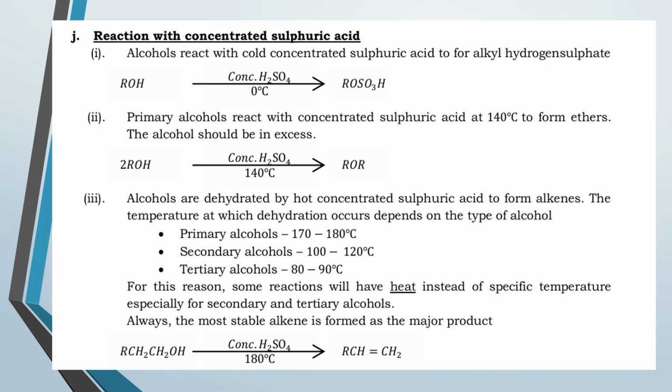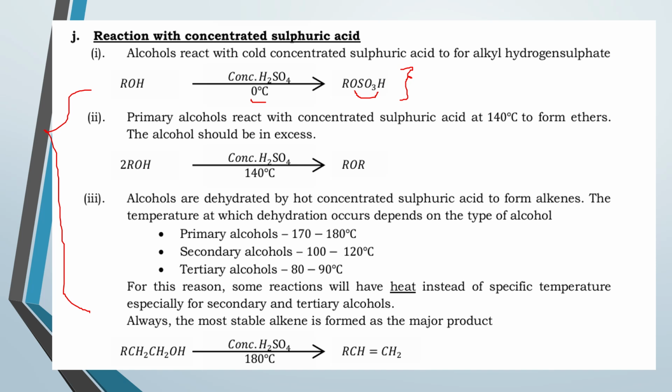Now, another reaction of alcohols that is very common, and it's a full paper 2 question, is the reaction of alcohols with concentrated sulfuric acid under different temperature mediums. So at 0 degrees Celsius, we are always going to get hydrogen sulfates, and we looked at the mechanism of this under alcohols in the notes videos of organic chemistry in the playlist.